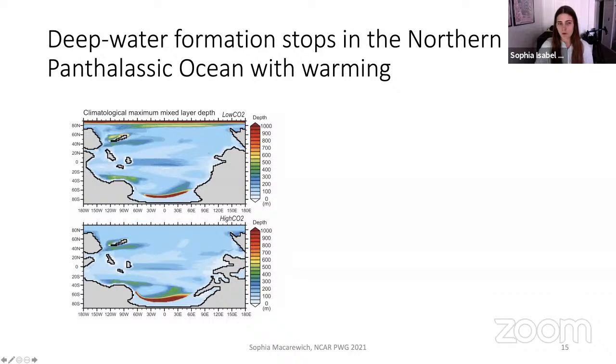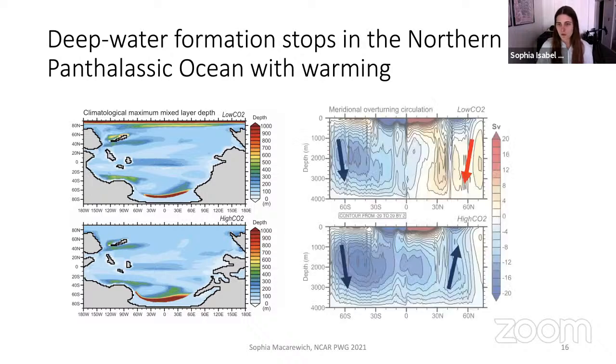The result of these differences in deep convection is a global reorganization of meridional overturning circulation. In the low CO2 and high CO2 simulations, we see a descending branch in the southern hemisphere.